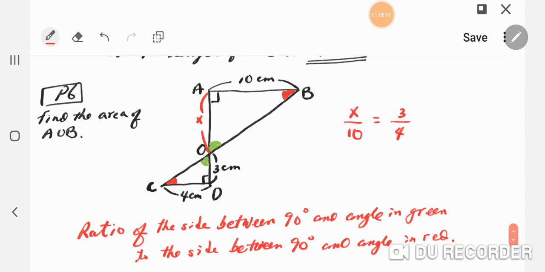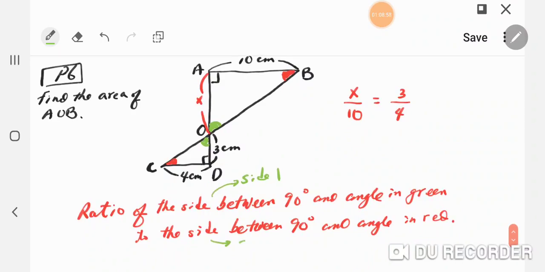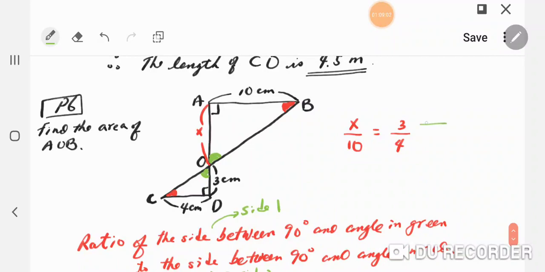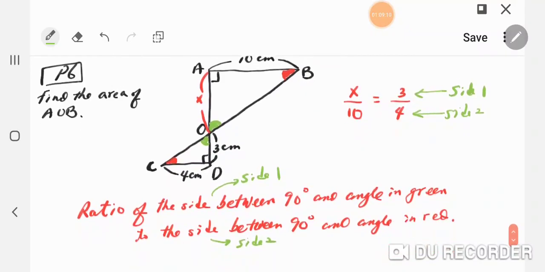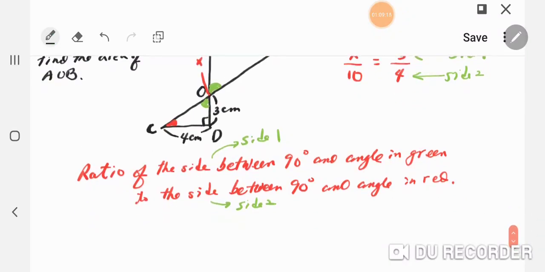Let's say this side is side 1, and this is side 2. Then the numerator is side 1, and the denominator is side 2. So let's solve this. x over 10 equals 3 over 4.